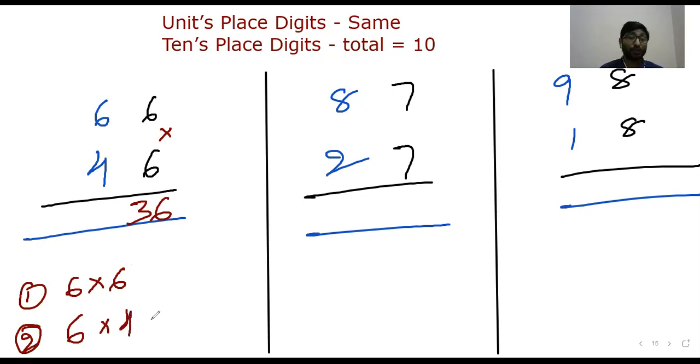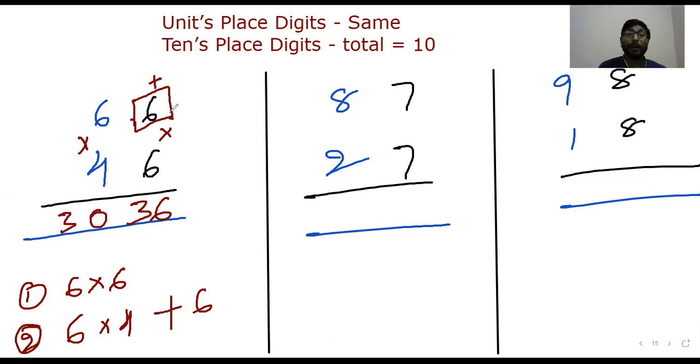How much? 24. Add the units place number. 6 4s are 24, plus the units place number 6, 30 is the answer.